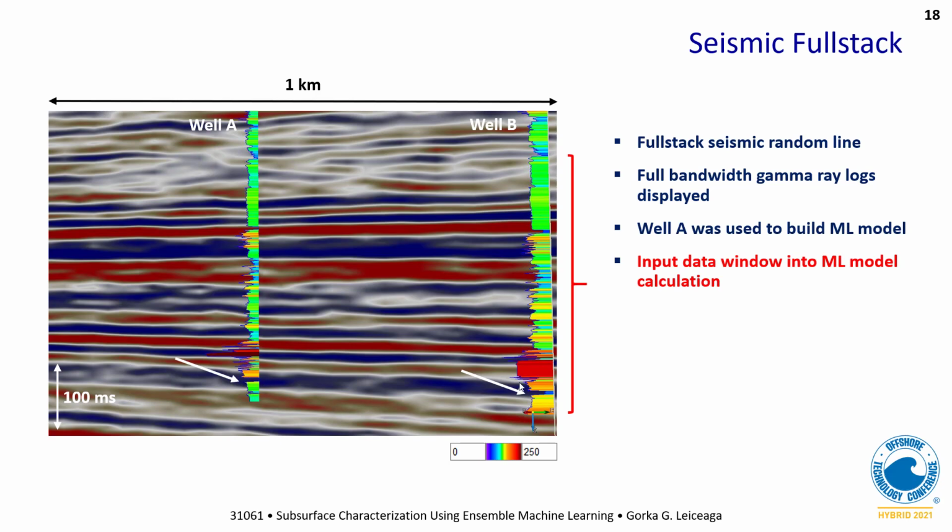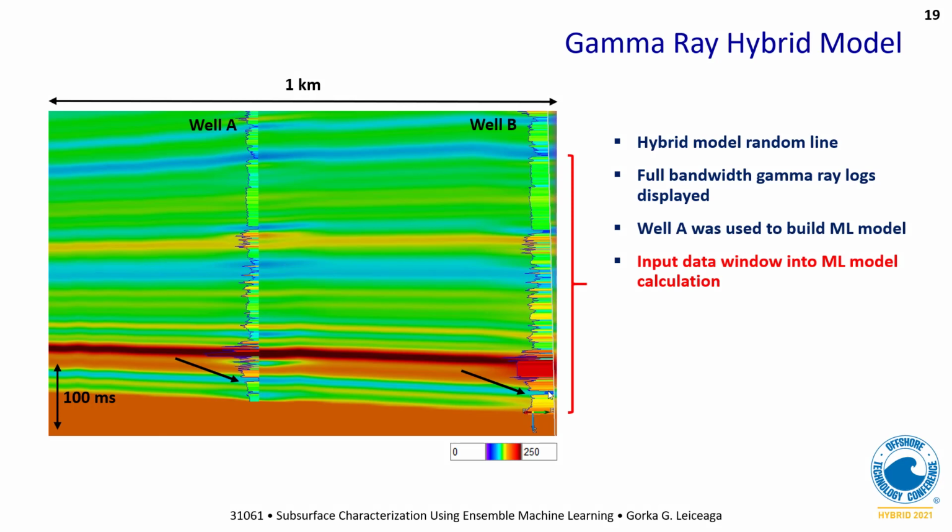Here's the reservoir here, the drop-in gamma ray. This is the hybrid model, so you can see more detail, but it's nowhere near as detailed as the log. And again, here's the reservoir.